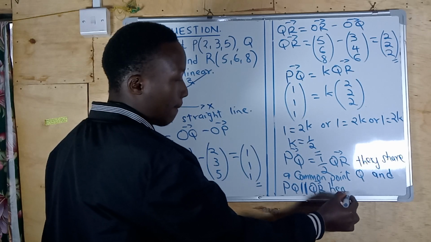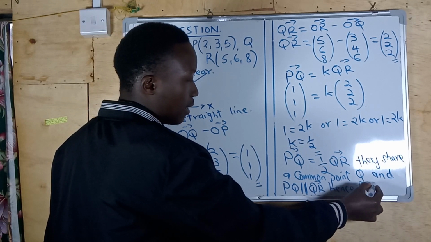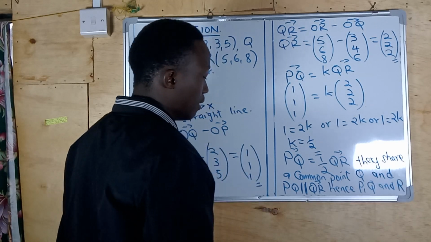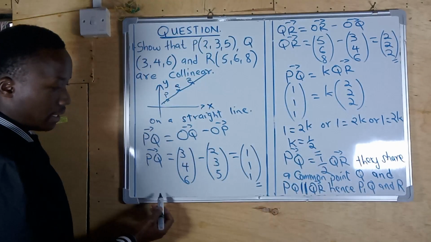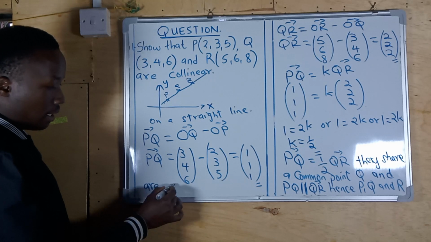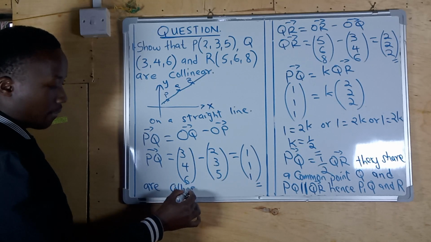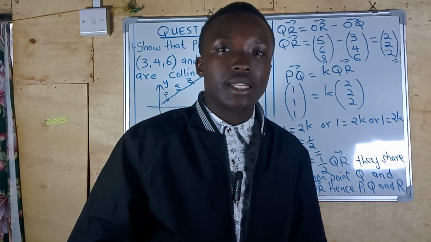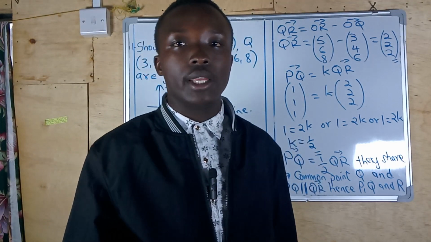Hence, P, Q, and R are collinear. So as simple as that, that is how we show whether points are collinear.